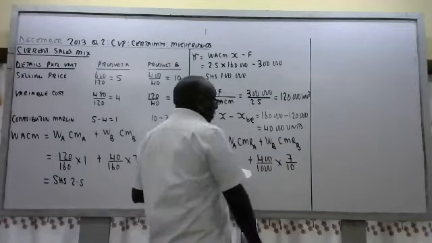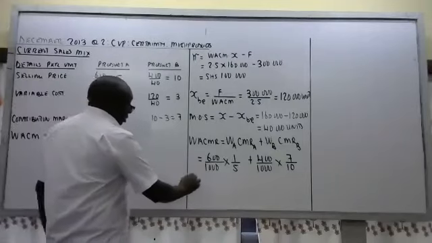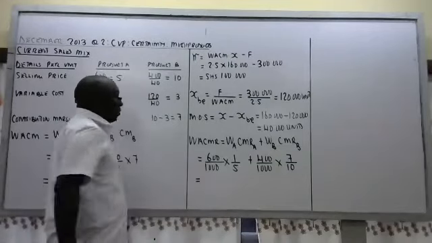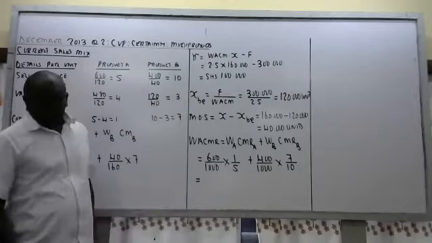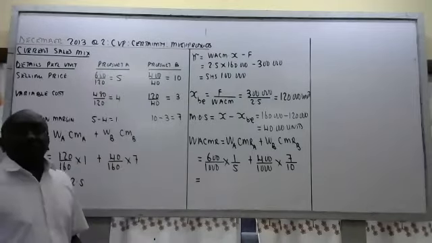You divide by the selling price of 10. So tell me what will be the ratio? The weighted average contribution margin ratio.